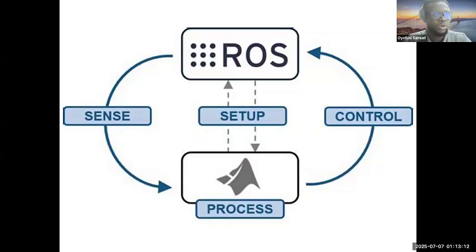You can have mobile robots, you can have UAVs like drones. The whole concept of a robot is a component or a machine that can sense, think, and act.